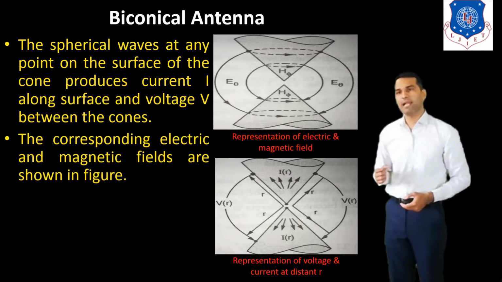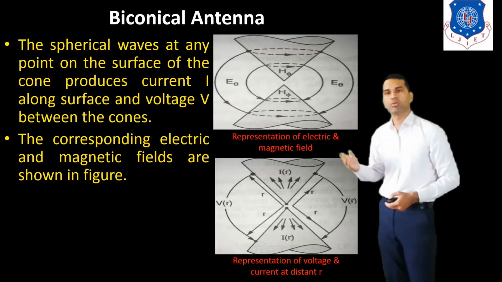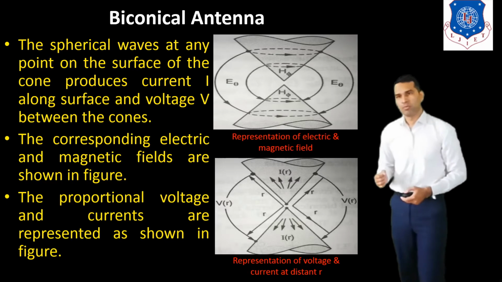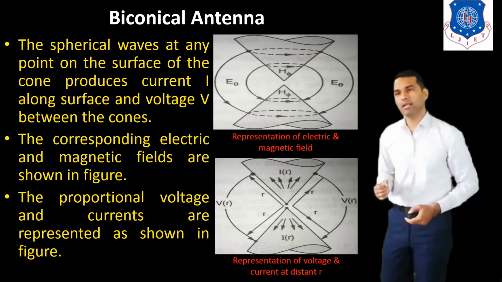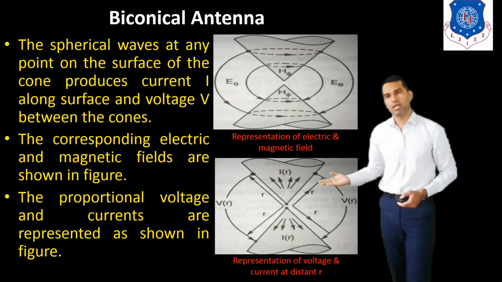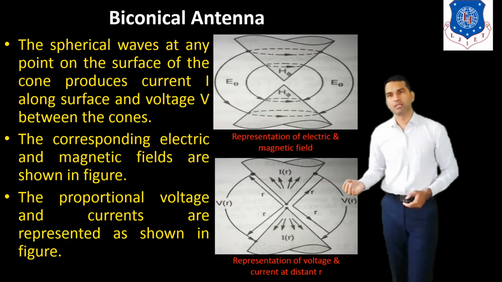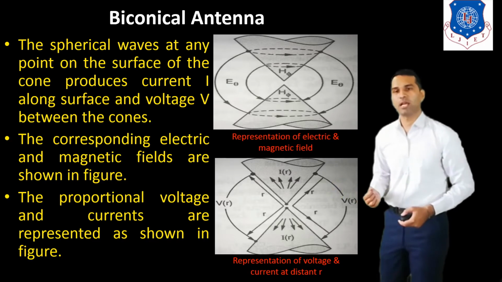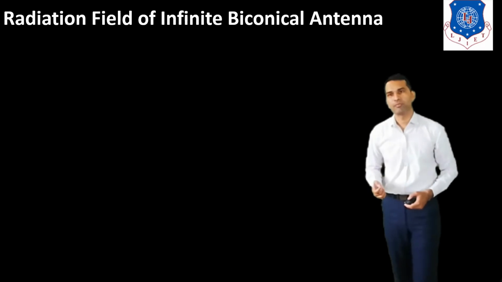The corresponding electric and magnetic fields are shown in this figure. The proportional voltage and current are represented as shown. Here we can see the voltage and current produced, and we can also see their directions.